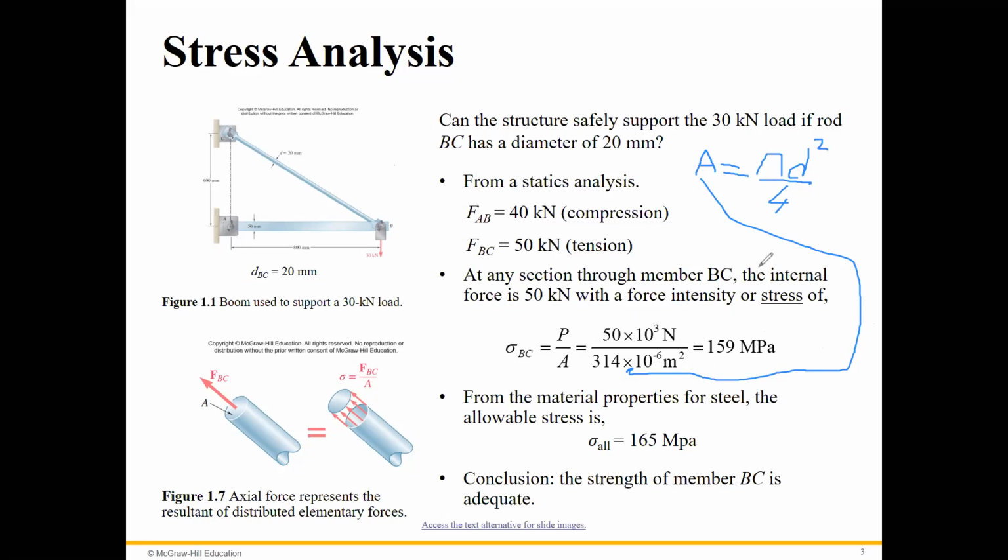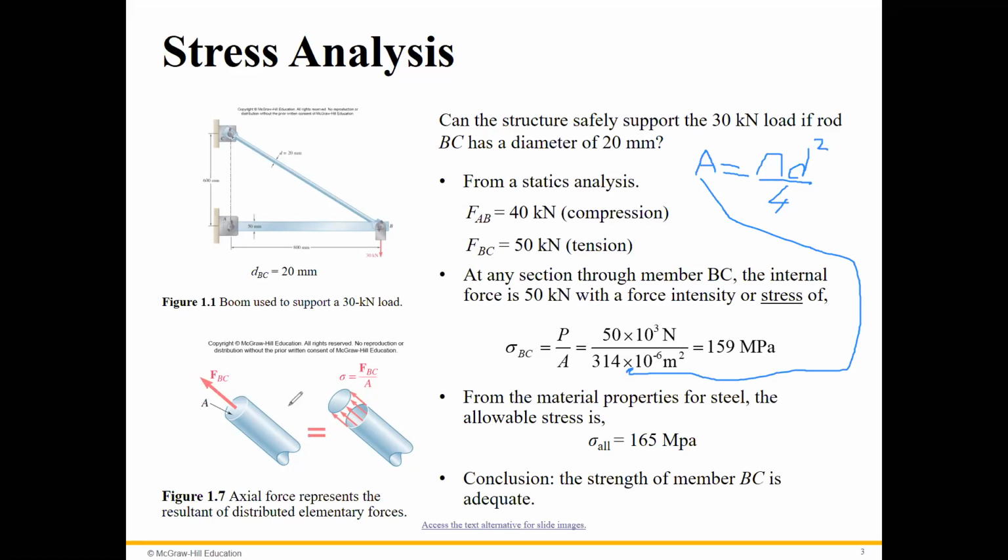That's something we should know in the SI system. The unit is the same as the unit of pressure. In the US system, we say psi, ksi. In the SI system, it's Pascal, kilopascal and megapascal. Just be familiar.